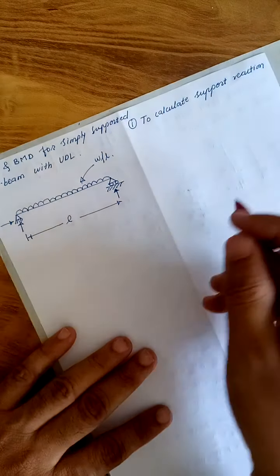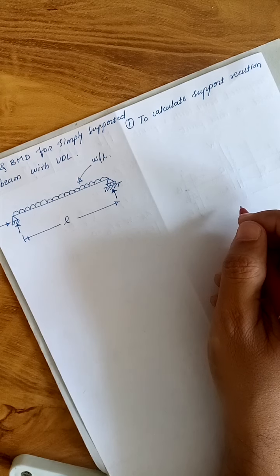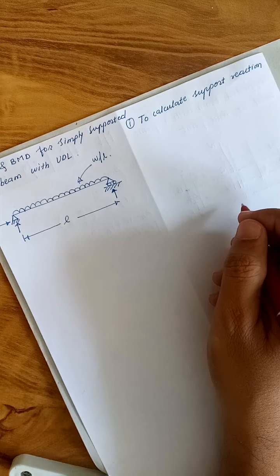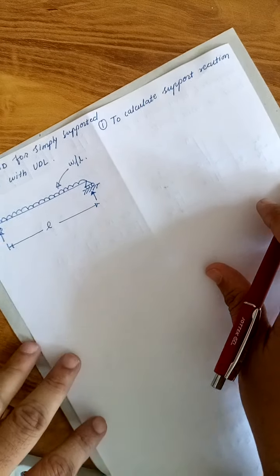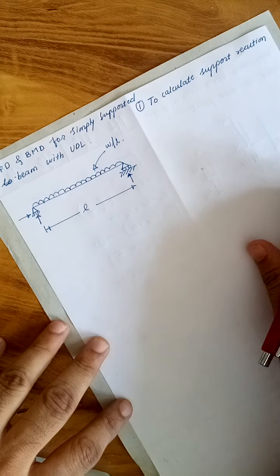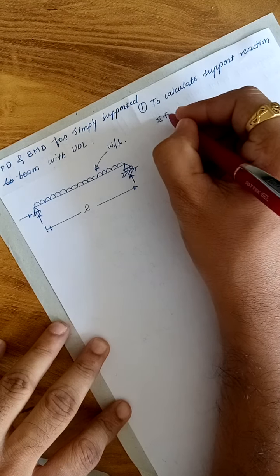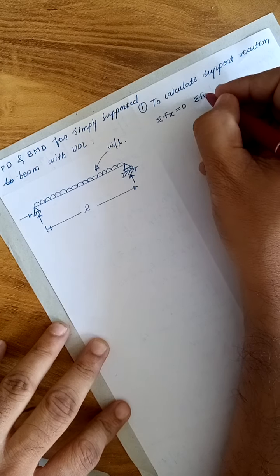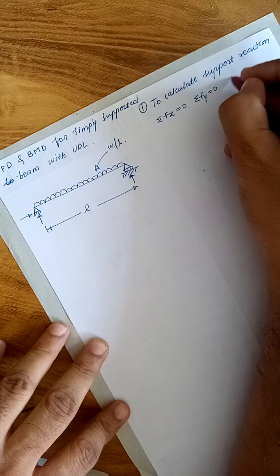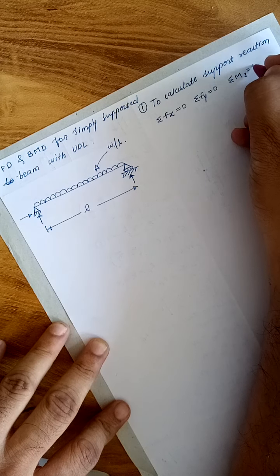We know the very basic equations of static equilibrium that were covered in engineering mechanics. There are three equations: summation of all the forces in x direction is 0, summation of all the forces in y direction is equal to 0, and summation of moments about the z axis is also 0.